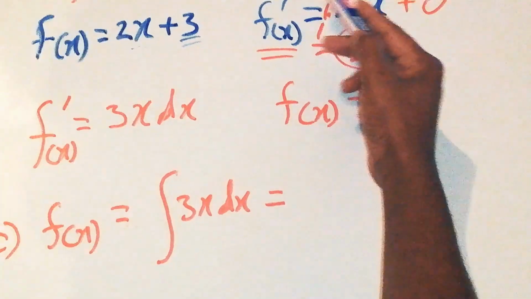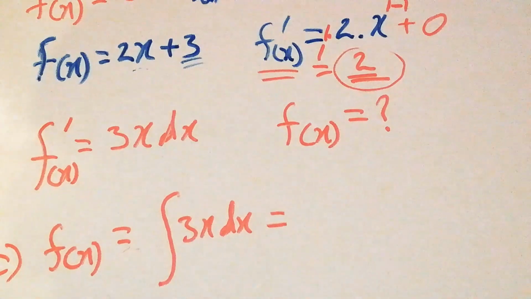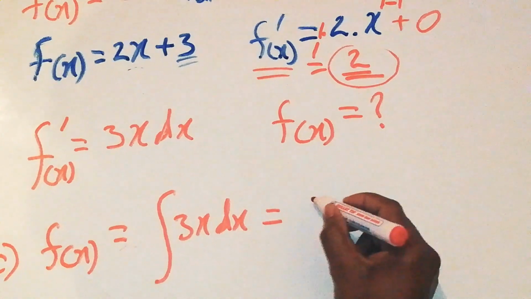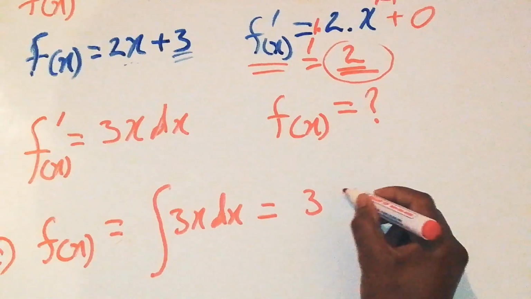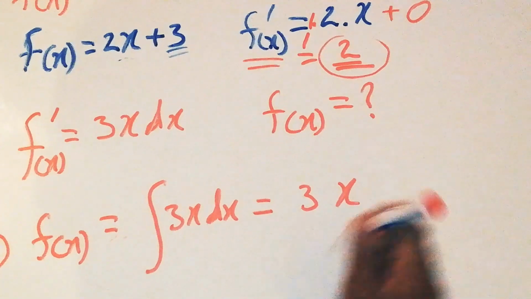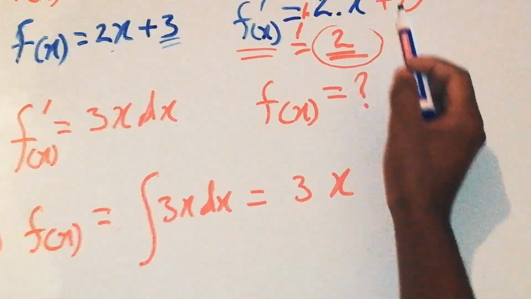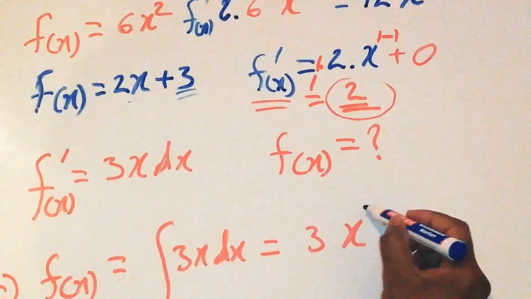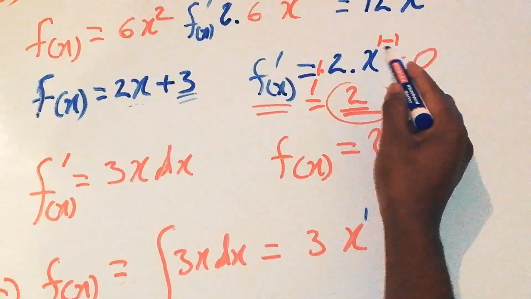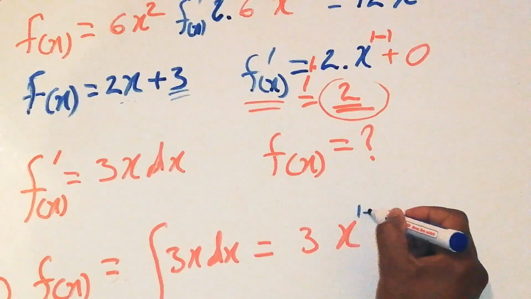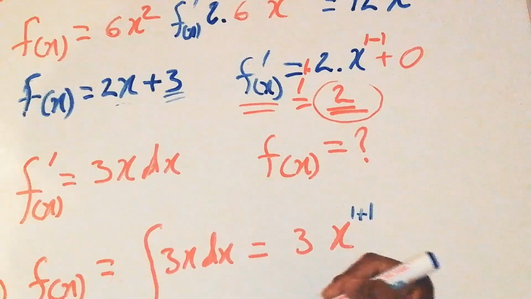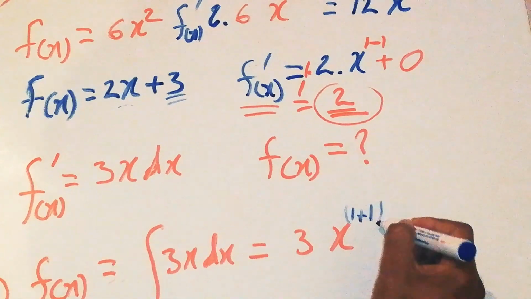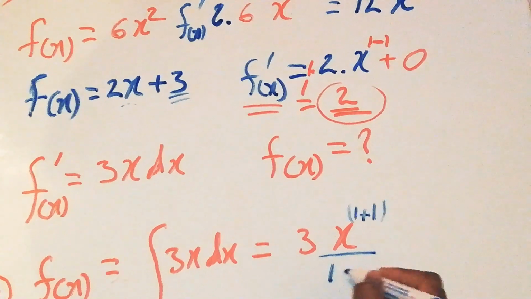Now I want to reverse what happened in differentiation. So I come here, I say 3x. There I was subtracting 1, and there is a 1 there. Instead of subtracting, I add 1, and what I have there, I bring it down here.